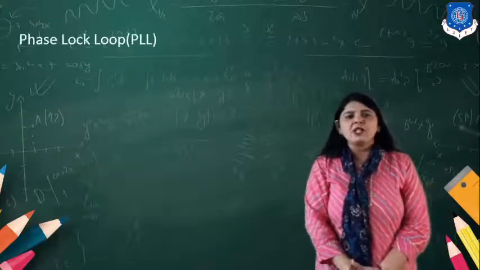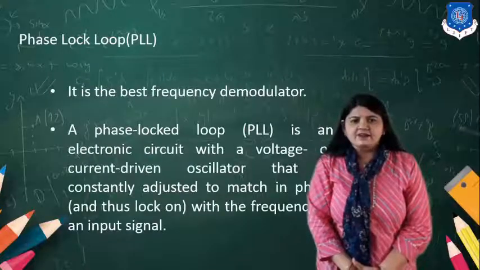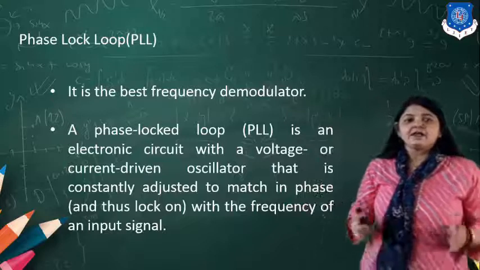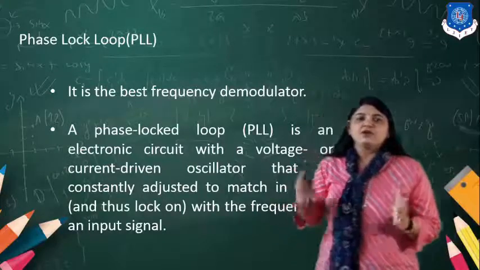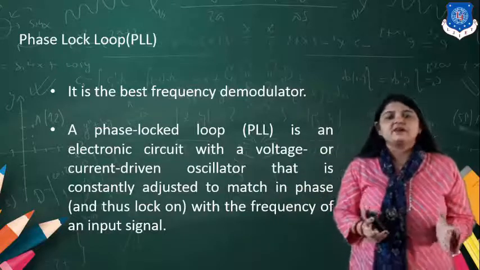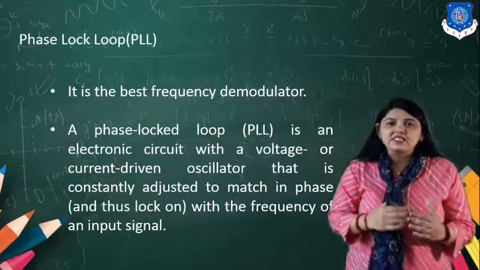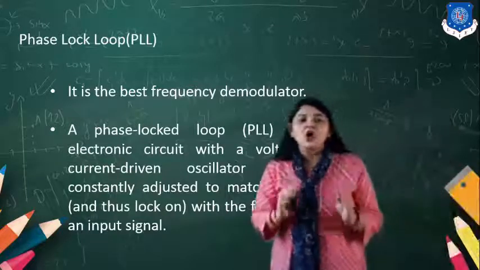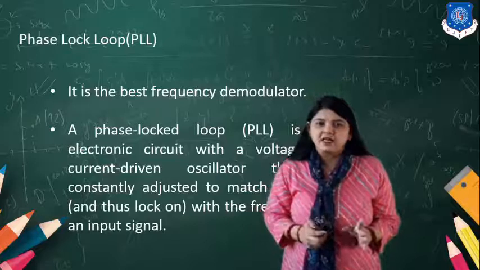So phase lock loop, what is that? It is a best frequency demodulator and is an electronic circuit with a voltage controlled oscillator that constantly adjusts to match the phase with the frequency of the input signal.